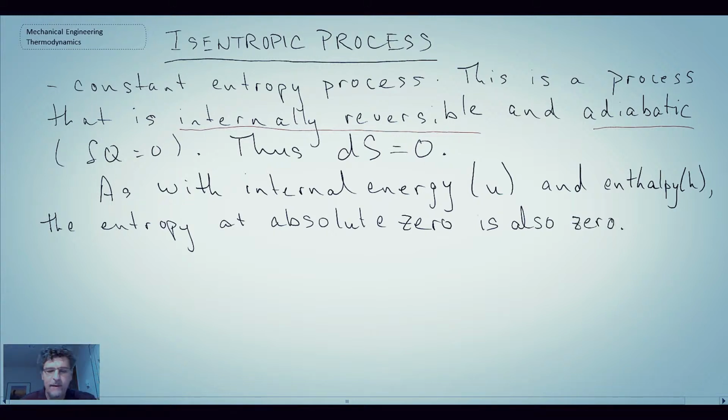So if the entropy at absolute 0 is 0, we will be using that when we're calculating the entropy at different points, just like we did in an earlier example where we were looking at both internal energy as well as enthalpy, being able to evaluate it at some reference point.